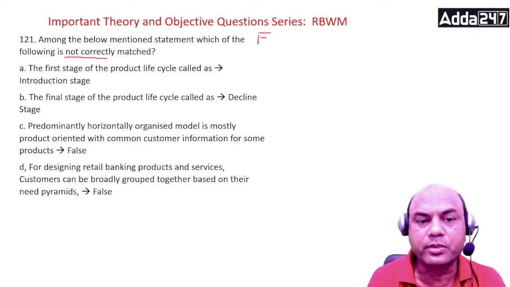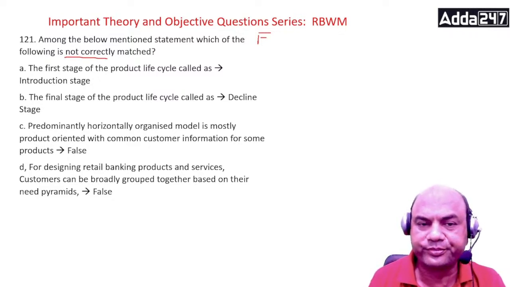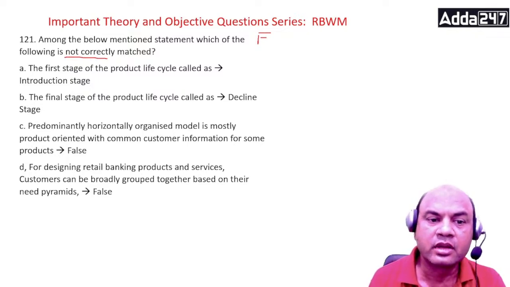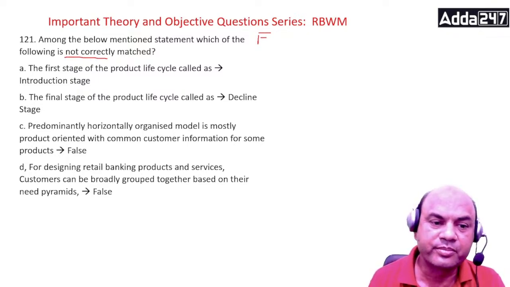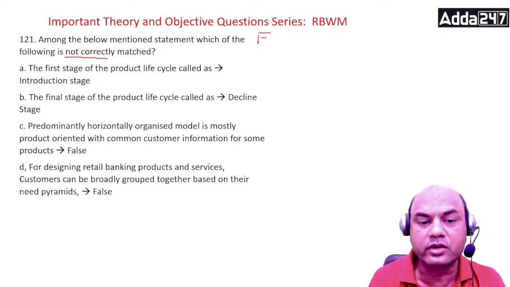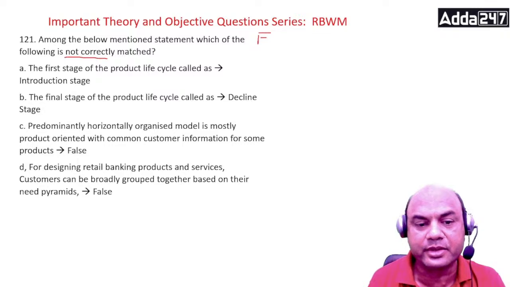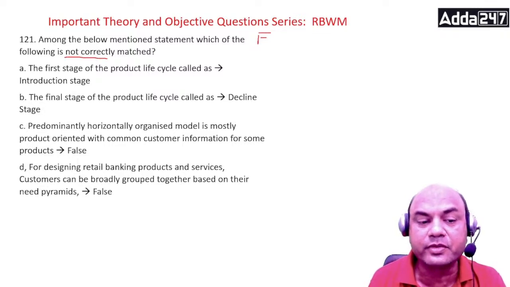The first stage of product life cycle is known as introduction. The final stage of product life cycle is known as decline. Predominantly horizontally organized model is mostly product oriented with a common customer database information for some of the products.